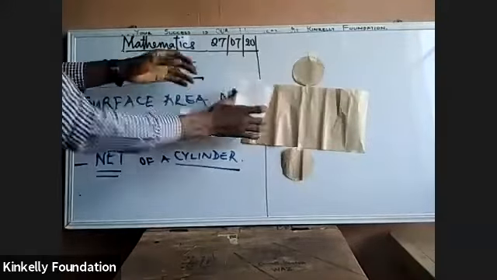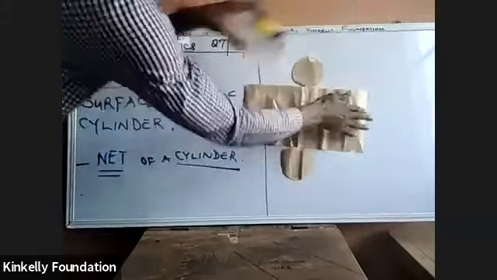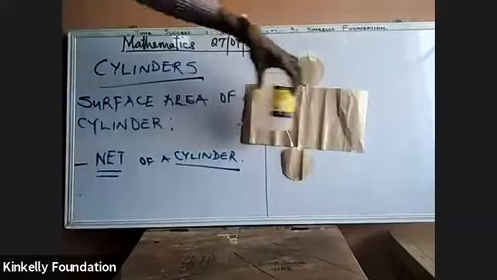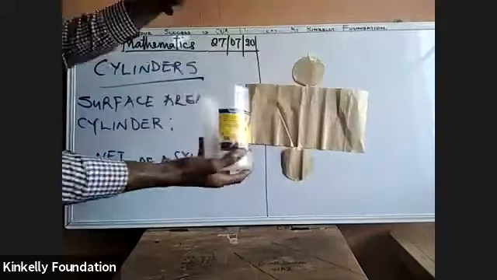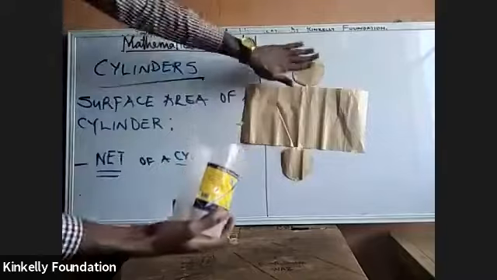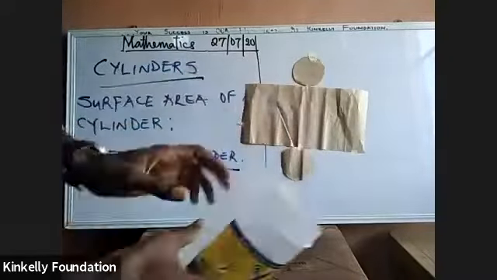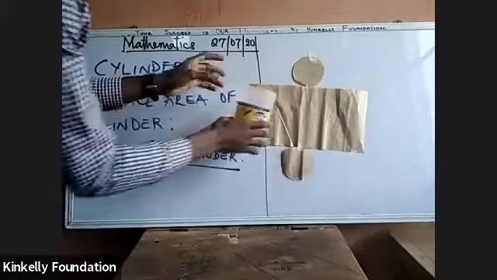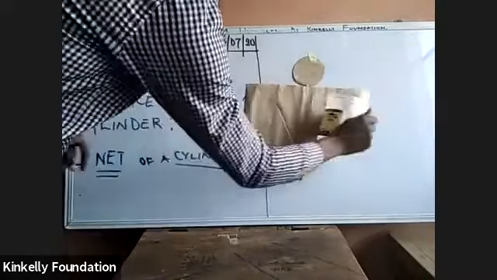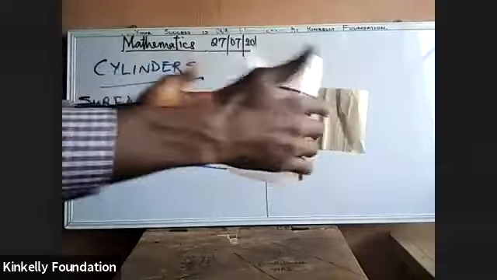And that curved surface is just this rectangle. You see it now. The rectangle is the curved surface. This and this are the top and bottom of the cylinder. When you talk about the curved surface, you refer to only this rectangle, which is this side.